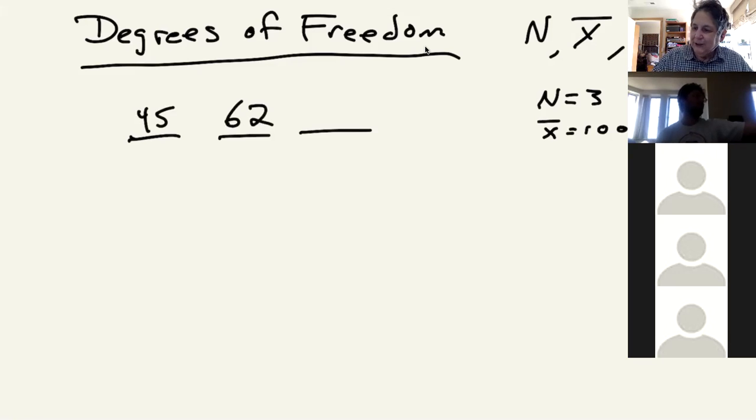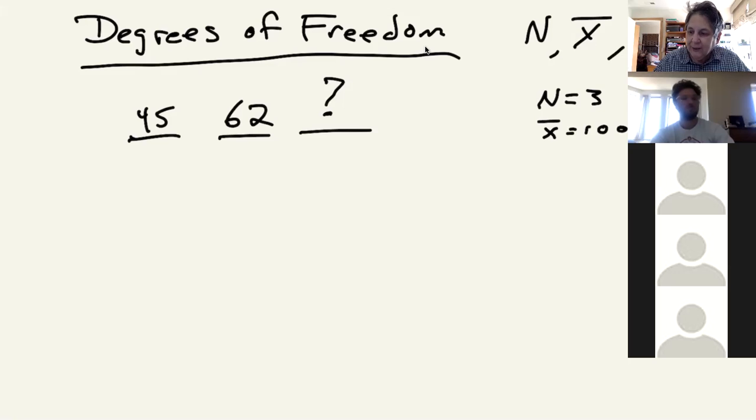All right. So we have n set. We have the mean set. I can't just pick any number I want for this last one. If I do that, I won't necessarily get a mean of 100. I have to pick the number that when I add them all up and divide by 3, I get 100. Right?